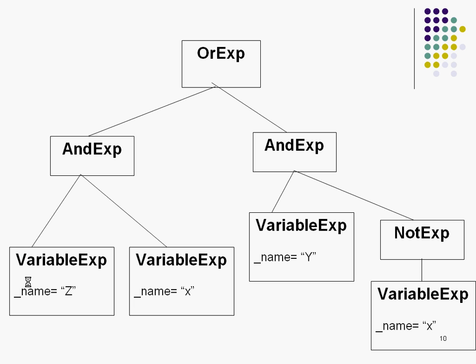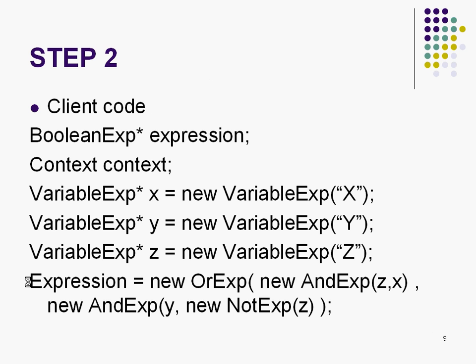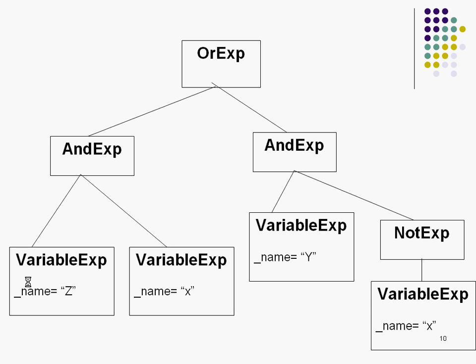This AND exp got created, and it took two pointers, variable exp for z and for x. Now the final thing was this new of OR exp, and it took two pointers. So which part of the tree got created? Only one is left, which is this one, right? So this would get created.